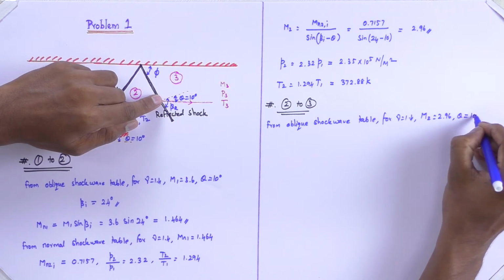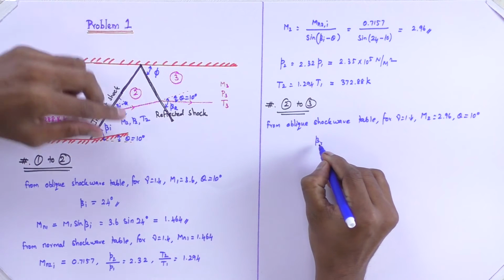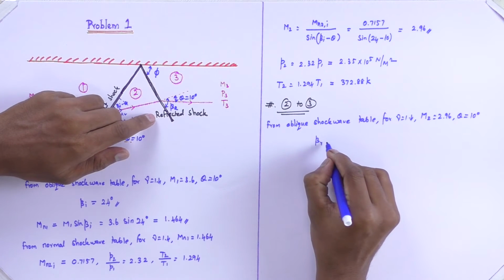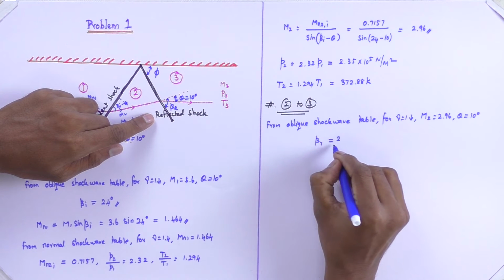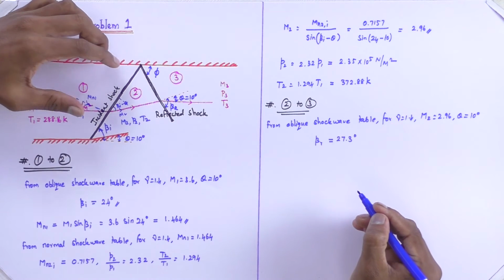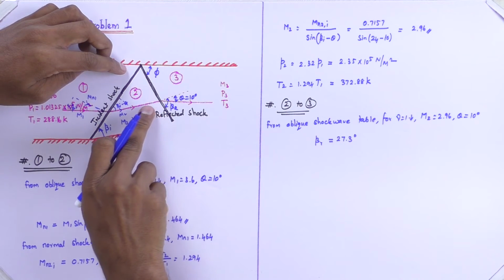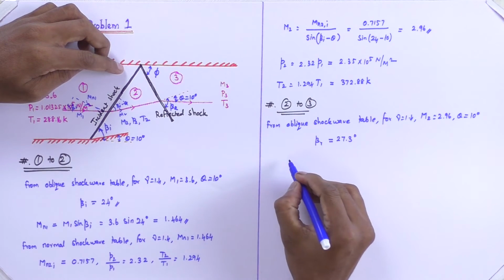For the corresponding shock wave angle, that corresponds to the reflected shock, beta r, if we refer we will get beta r as 27.3 degree. Then we have to calculate the Mach number normal component with respect to the reflected shock.